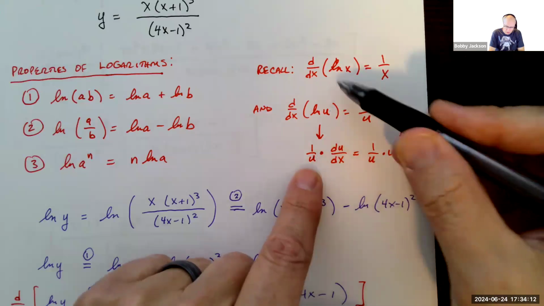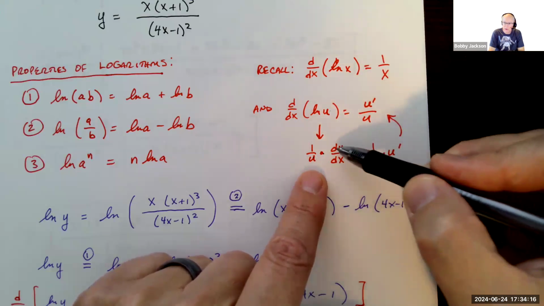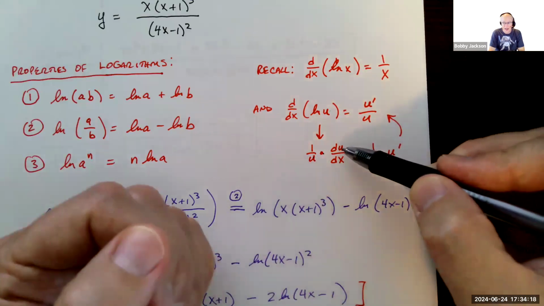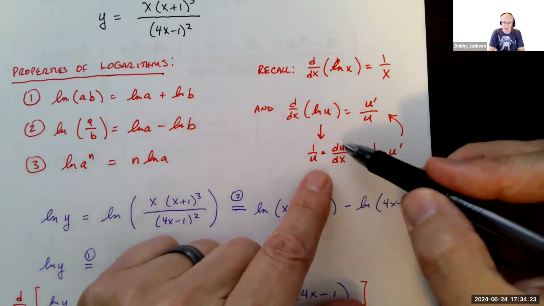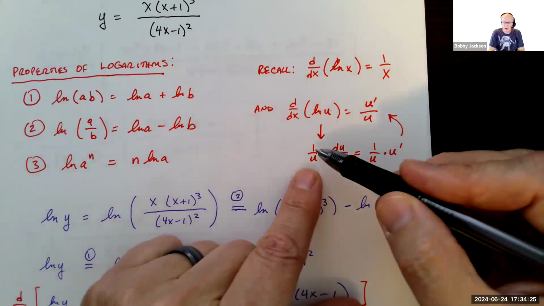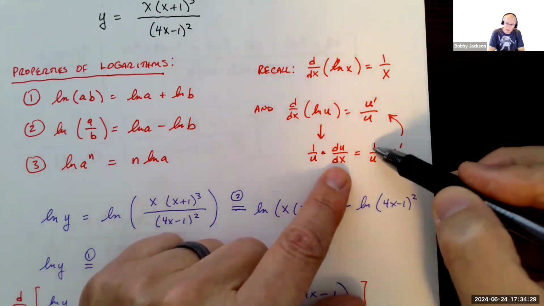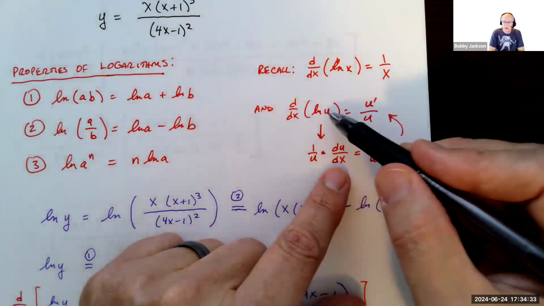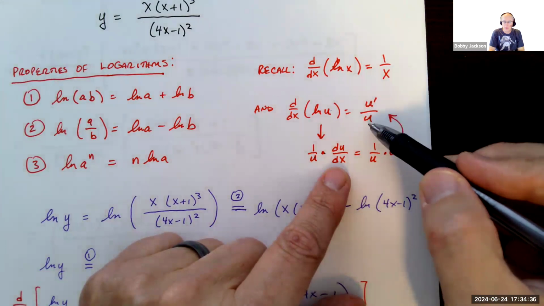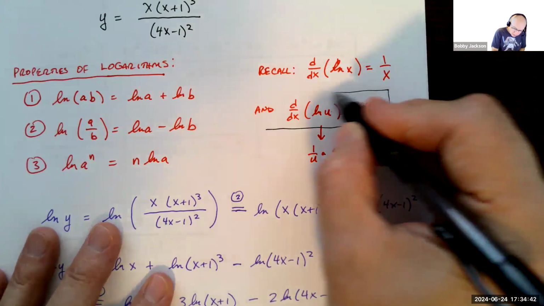That's 1 over u, just like we said up here, but then times the derivative of the inner function, du over dx. Now, if u is just x, then this is just 1, and we would be up here. But if u is something else, then we're going to get that derivative. I could also write that 1 over u times du over dx as u prime over u, so often it's just written this way. In other words, the derivative of the natural log of u is just u prime over u, the derivative of u over u. That'll be a helpful tool for us as we're doing this.